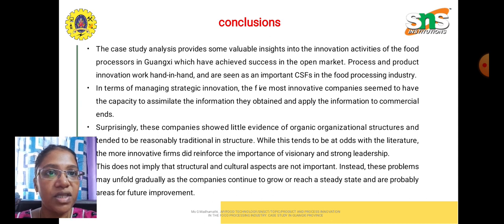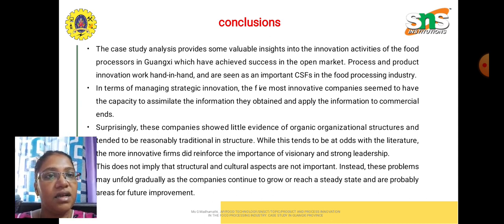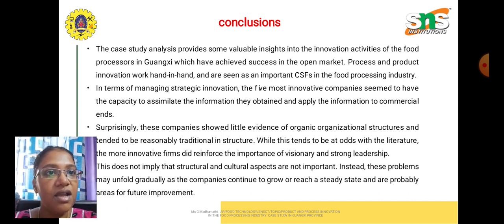So we conclude this analysis by providing some valuable insights into the innovation activities of the food processors in Guangxi which have achieved success in the open market. In terms of managing strategic innovation, the 5 most innovative companies seem to have the capacity to assimilate the information they obtain and apply it to commercial ends.